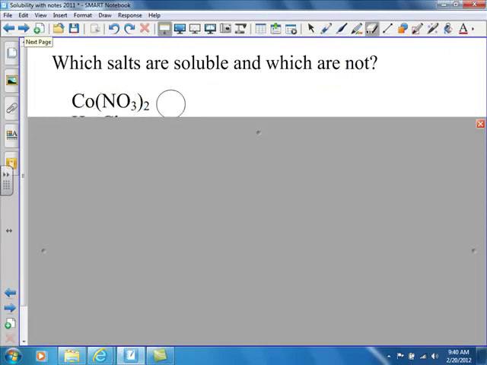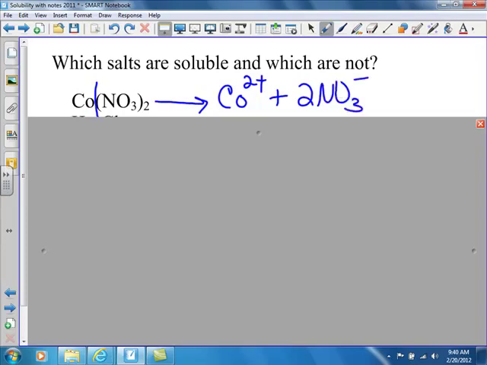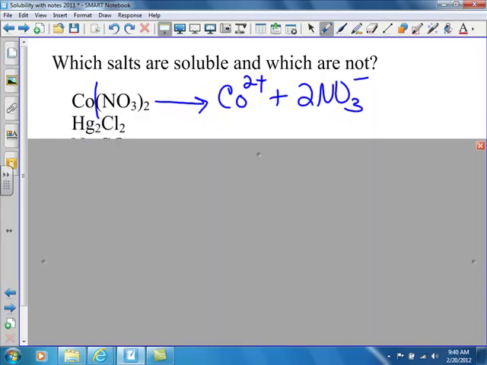Once I know it's soluble, I can write the ionic equation for it. It will break up into cobalt 2 plus and 2 NO3 minus. Now, mercury chloride, soluble or insoluble? Go back to your chart.